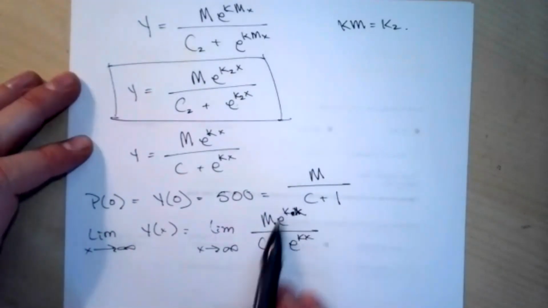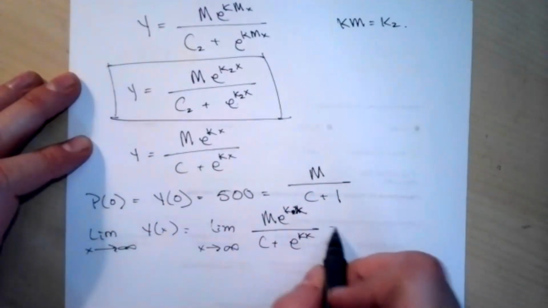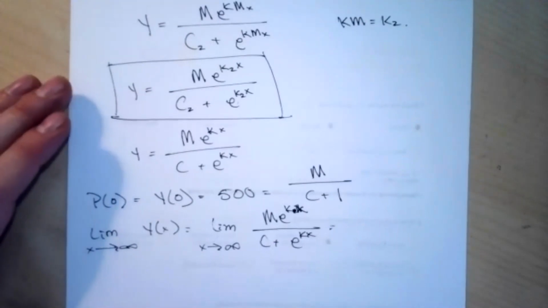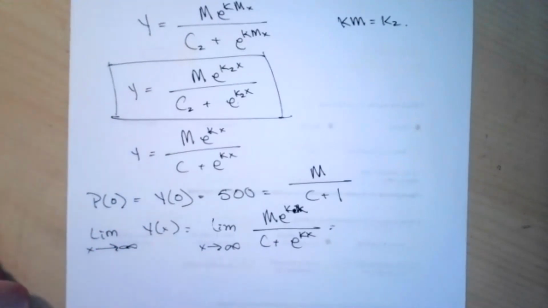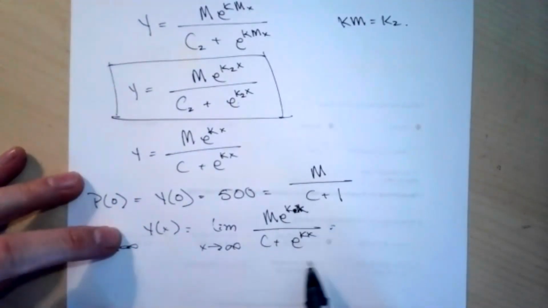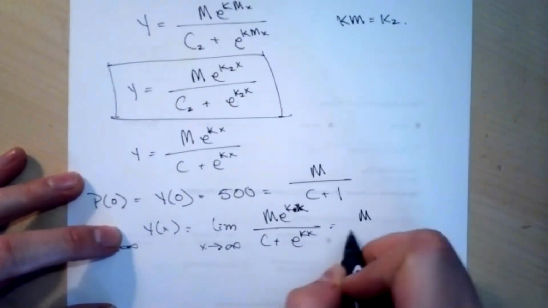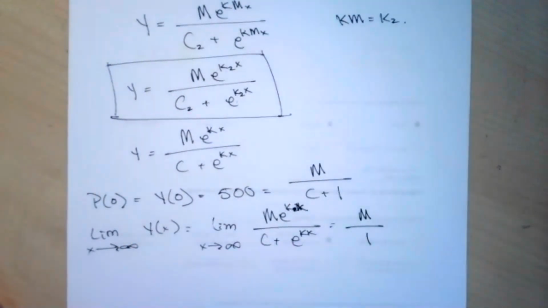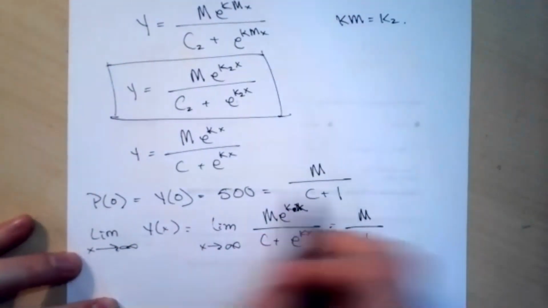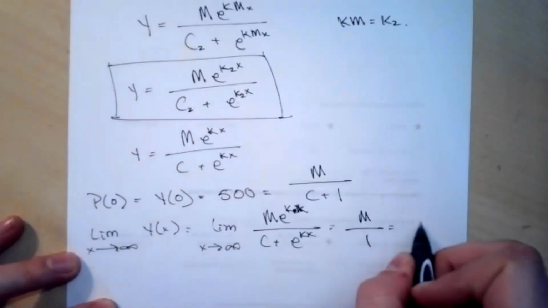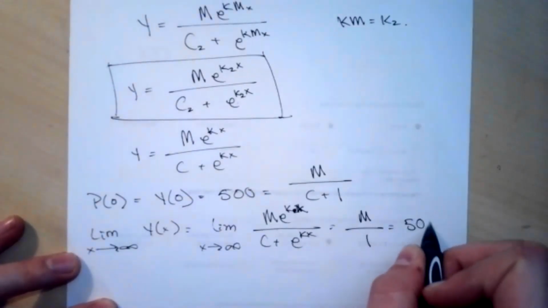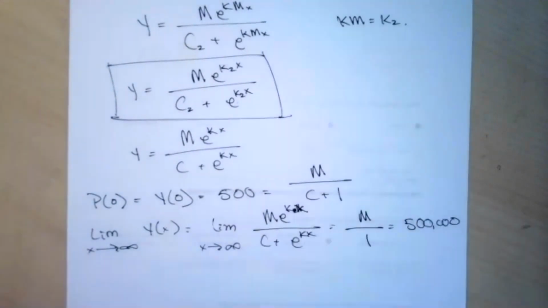So what's our limit to infinity? We have exponential over exponential with the same order of growth. Both have the same base, which means that these are going to essentially cancel each other out, and we will get M over 1, or just M. And we know that since this is our carrying capacity, we should approach 500,000. So that's our M.